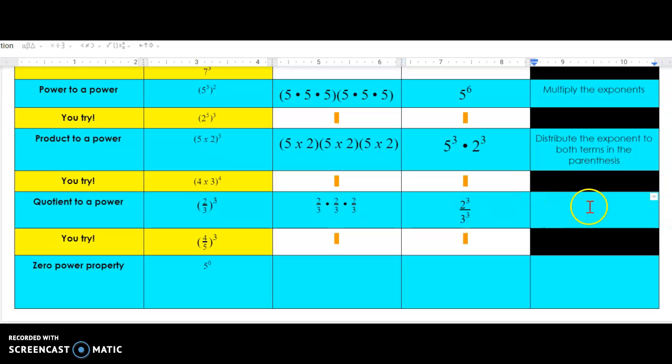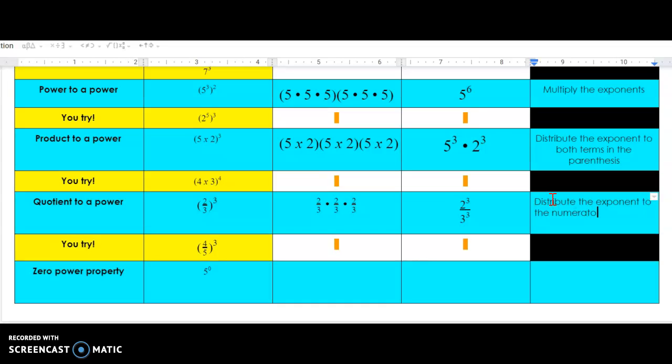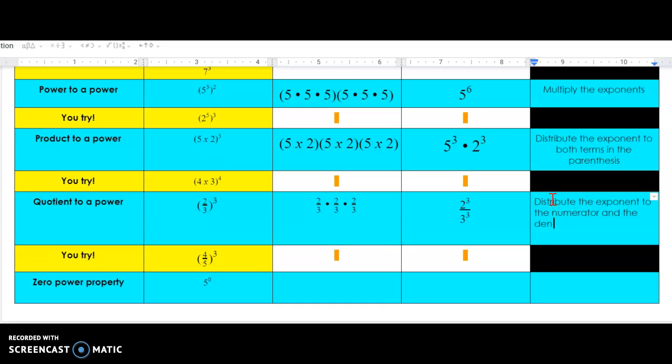Okay. And so again, kind of similar to the product to a power rule, the rule here is to distribute the exponent to the numerator and the denominator.